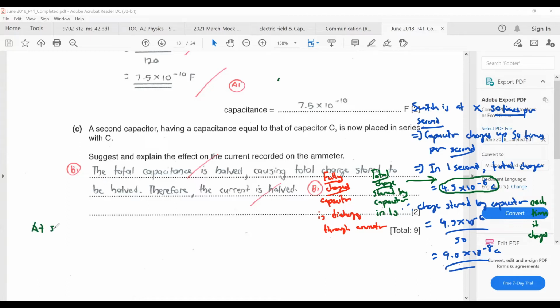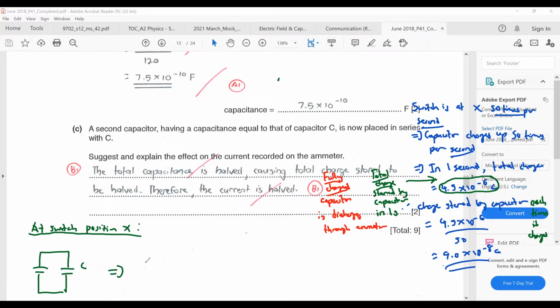You can just think of it as this. At switch position X, the original one was this. This is capacitance C. Now you go and put another capacitor whose capacitance is equal to this capacitor, but you place it in series.